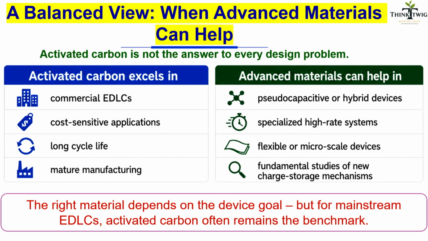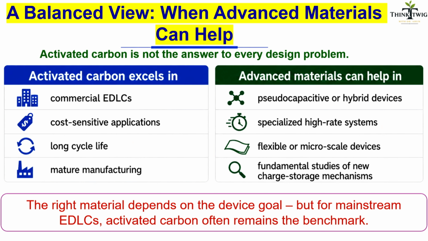If a specific application needs properties that conventional activated carbon cannot provide efficiently or sufficiently, an advanced material may become useful. Research on new electrode materials therefore remains important, and the mistake would be to judge every new material only by asking whether it immediately replaces activated carbon commercially. This is not the only purpose of material research.